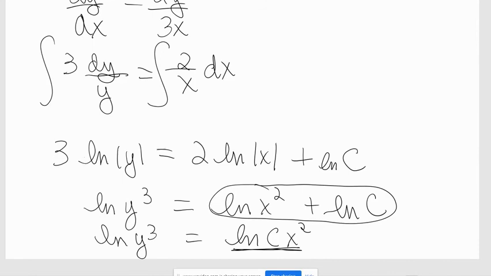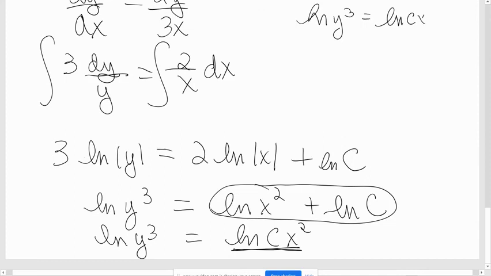Now, the whole purpose of doing that is to make this part easier. So I'm going to come up here and have the natural log of y cubed equals the natural log of c x squared.